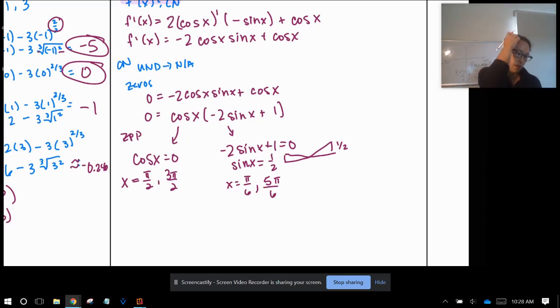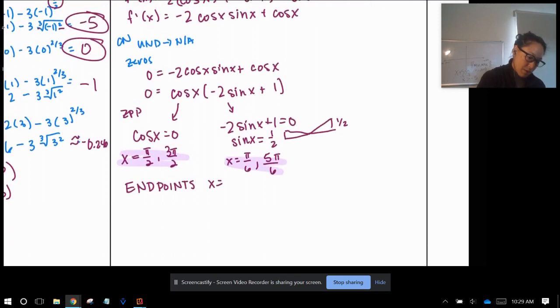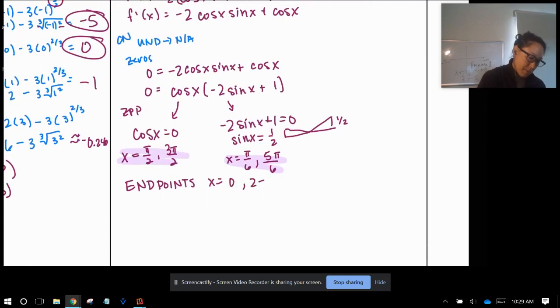Okay. All right, so these 4 values I need to test. What other values do I need to test? My endpoints. So my endpoints are x is equal to 0 and 2 pi.